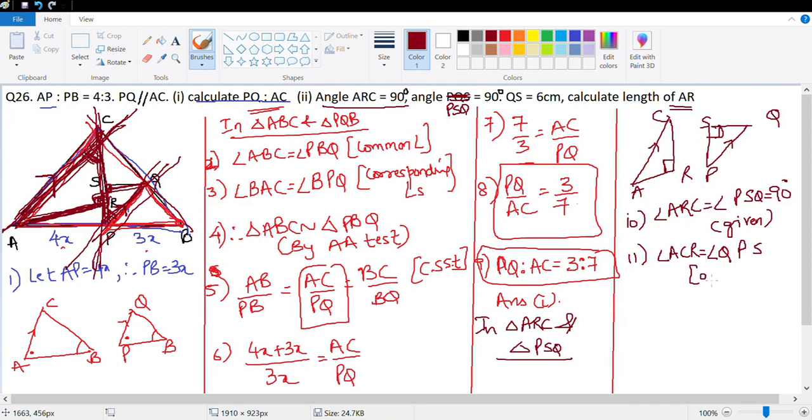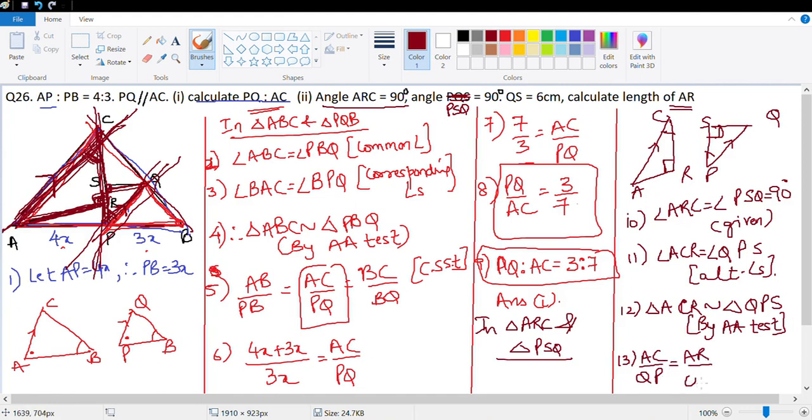These are alternate angles, which means triangle ACR is similar to triangle QPS, with A equal to Q, C equal to P, and R equal to S. This is by the AA test, which means I will get AC upon QP is equal to AR upon QS is equal to CR upon PS.